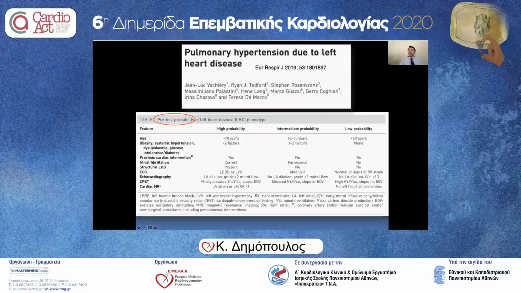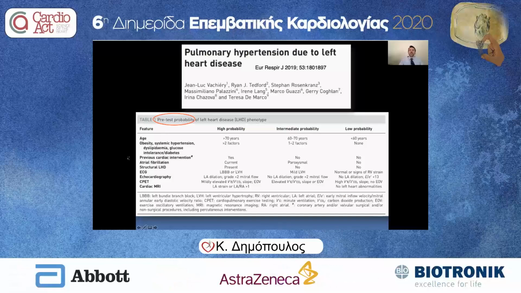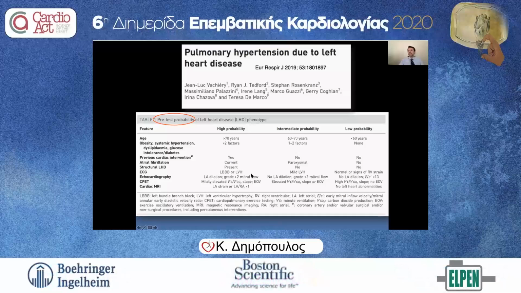What they do tell us about diastolic dysfunction and pulmonary hypertension due to left heart disease is that we should be looking at the patient, as I said, to see for risk factors such as advanced age, obesity, being in atrial fibrillation or large left atria, structural left heart disease, if they're in AF, or they have LVH, and so on. So look for clinical signs for a pre-test probability of left heart disease.